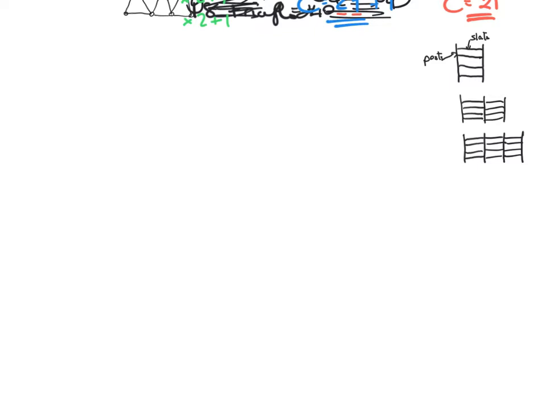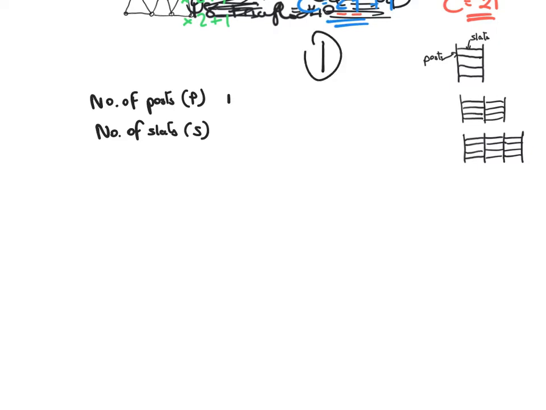Okay, so we're going to complete a table which is number of posts P versus number of slats S. Okay, so if there was one post, as we can see, that would have 0 slats.